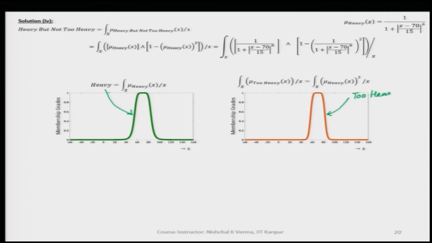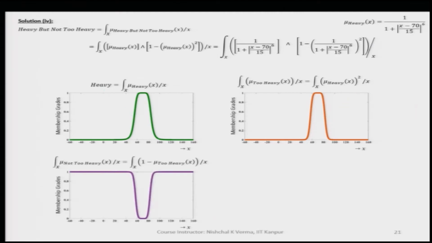Too heavy, how did we get it? We simply concentrated the heavy fuzzy set and we have got the fuzzy set for too heavy. Now, let us quickly find not too heavy.